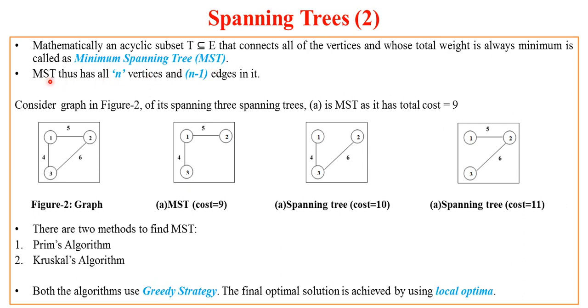Do remember that the MST has all n vertices of the graph but n minus 1 edges of the graph.